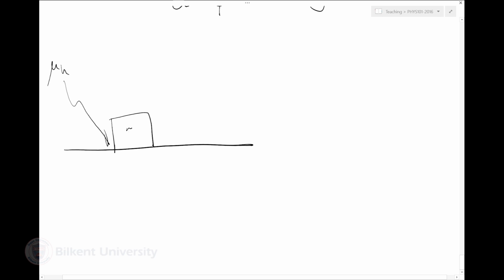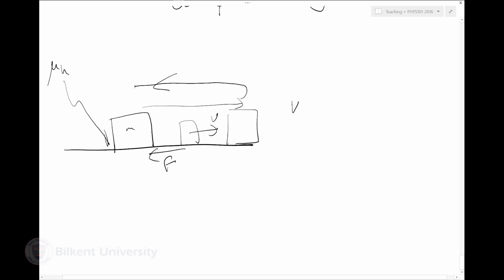I take my mass, I move it very slowly to the right, and then turn back and move it to the left to the same point. When I'm moving to the right, my force is opposing the motion. So V·F is negative when I'm going to the right.